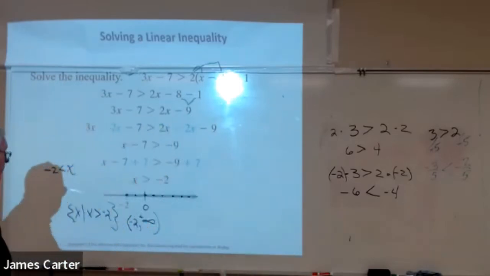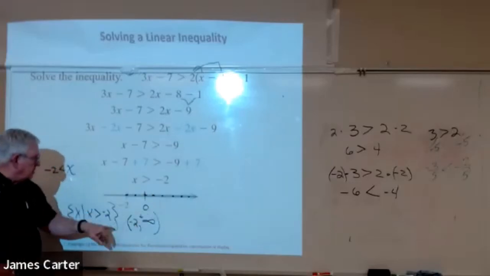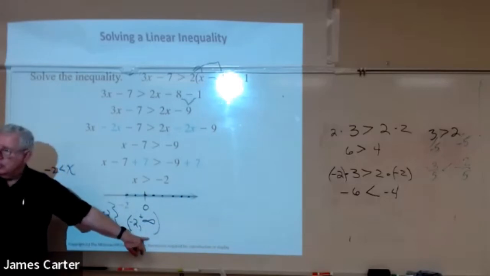Okay, so with inequalities, do you want us to always graph it? If the instructions say so, you darn sure bet. Now, if the instructions don't say so, and the instructions said, put your answer in interval notation, simply looking at this is going to make interval notation easy to write.